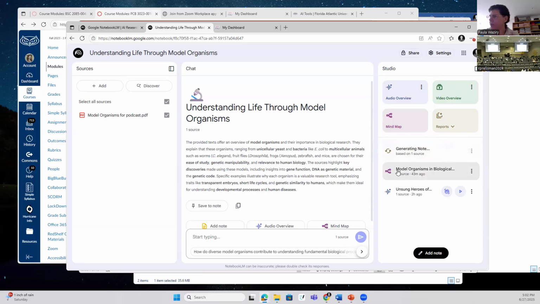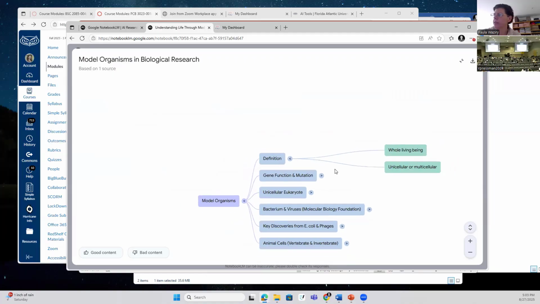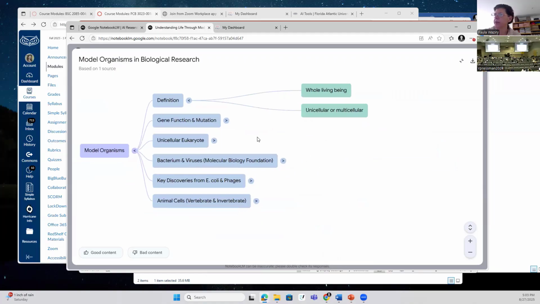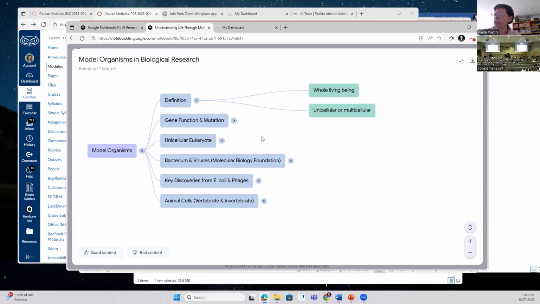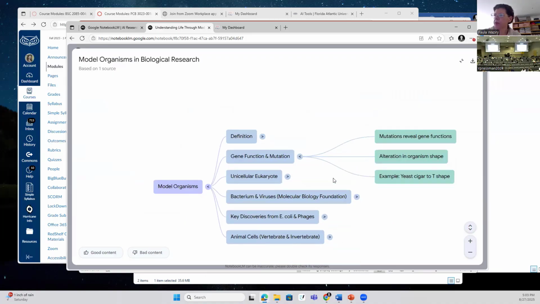Check this out. So I go here, model organism mind map. Okay. So first it is going to tell me what is the definition of the model organism. So I can click on that and this will show up. Okay. So model organism is a whole living thing that can be used for studying cellular processes. Then you can close this and you can open a second subtopic of these slides.